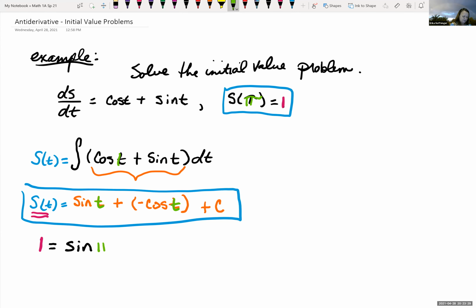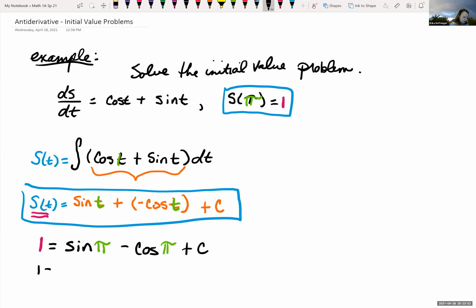So we have sine of pi plus, actually, let's just do minus, positive and a negative. So minus cosine of pi plus c. So now we have an equation with just one variable that we can solve for.